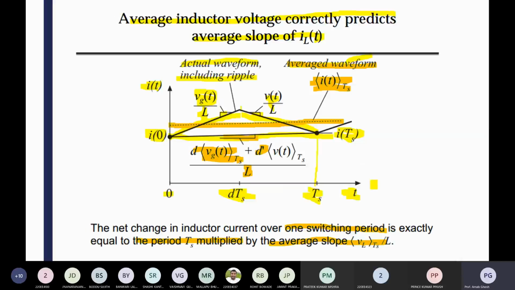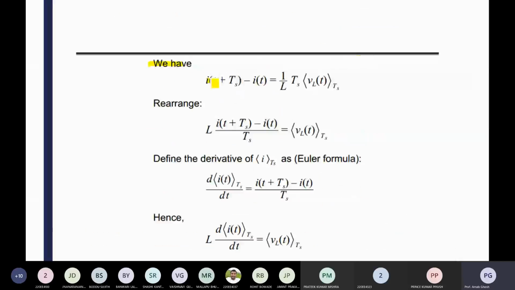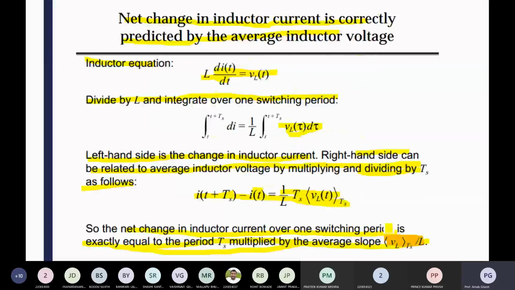After Ts there will definitely be another cycle, so we are considering the instant t. The current will change from i(t) to i(t plus Ts), so i(t plus Ts) minus i(t) equals 1 by L times Ts times the mean value of vL(t).